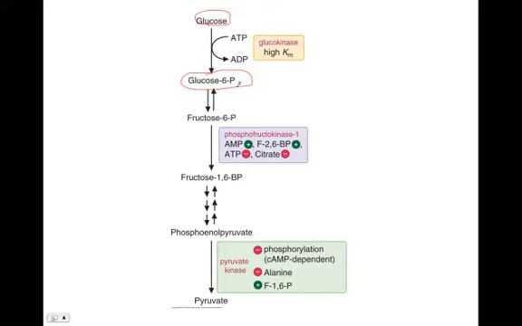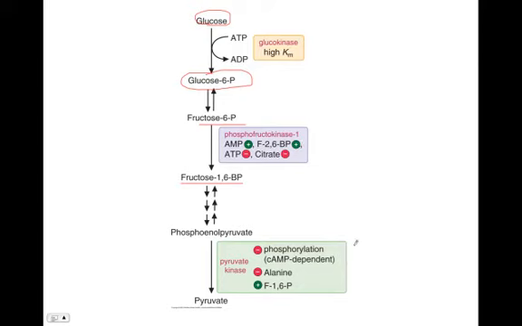So once glucose is phosphorylated to glucose 6-phosphate, there are two other primary regulatory steps in glycolysis. The first being phosphofructokinase 1, which converts fructose 6-phosphate to fructose 1,6-bisphosphate. This is activated by AMP as well as fructose 2,6-bisphosphate.